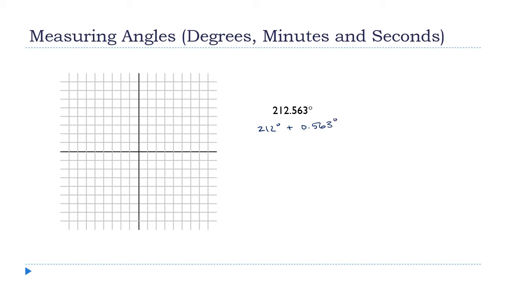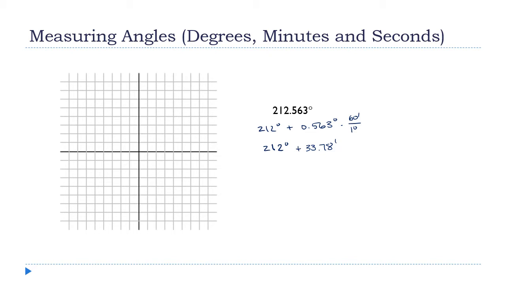Next, I'll take the decimal part and multiply that by 60 minutes per degree. That makes this 212 degrees, and if you multiply this out, this is plus 33.78 minutes.